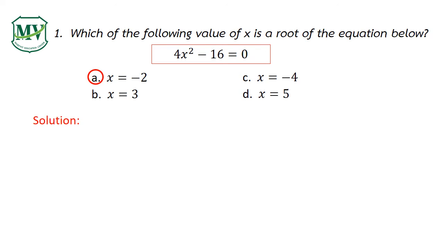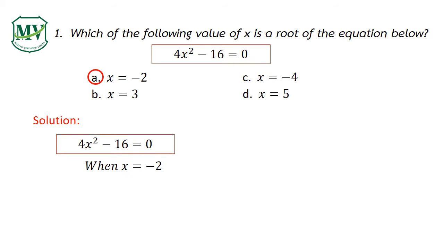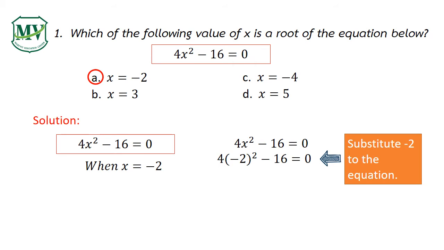So here is the solution. So the equation is 4x squared minus 16 is equal to 0 when x is equal to negative 2. So we substitute negative 2 to the equation. So it will become 4 times the quantity of negative 2 squared minus 16 is equal to 0.